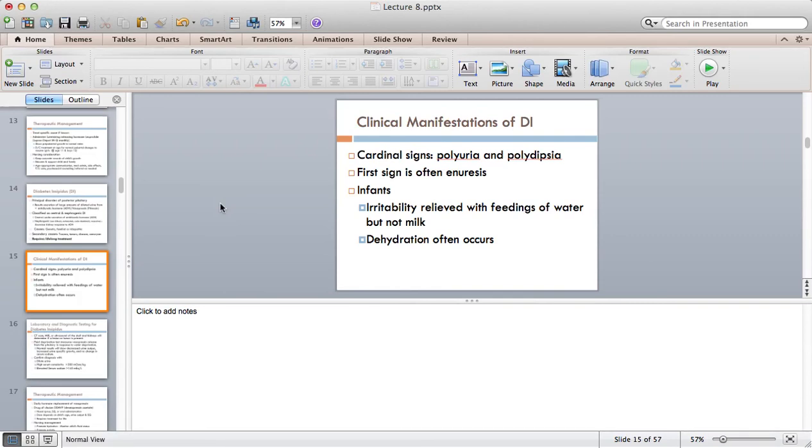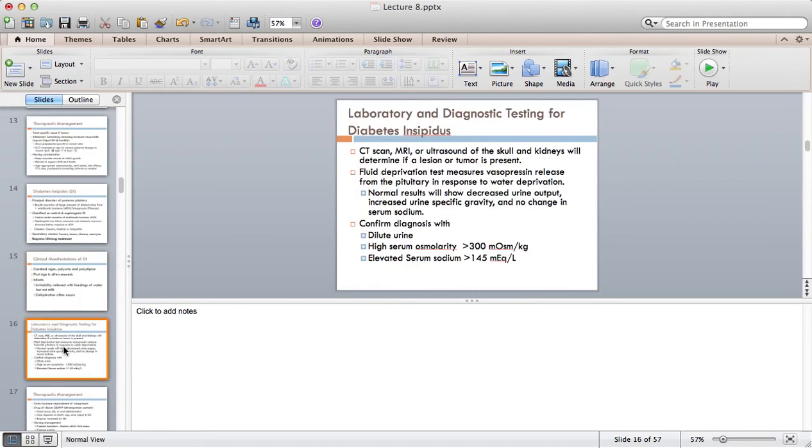Some of the diagnostic tests that we'll do here will include CT, MRI, or ultrasound. Again, we are looking for any tumor or lesion in those areas of the skull that can affect the pituitary area, or anything that can affect the kidney itself.